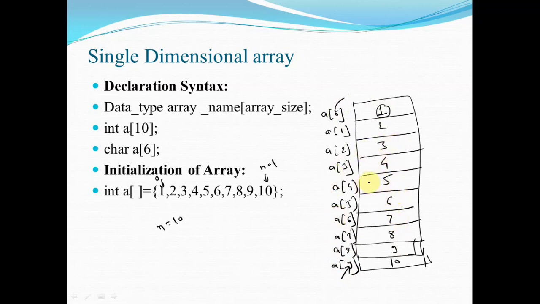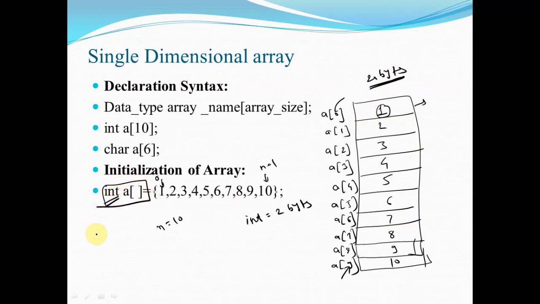So this is how the memory is allocated, and here remember that you have defined it as an integer, and an integer may take 2 or 4 bytes depending upon your machine or the compiler. If you consider that the integer will take 2 bytes, then every memory location represents 2 bytes, so 2 into 10, that means a total of 20 bytes get allocated continuously for this array A when you define it as an integer.